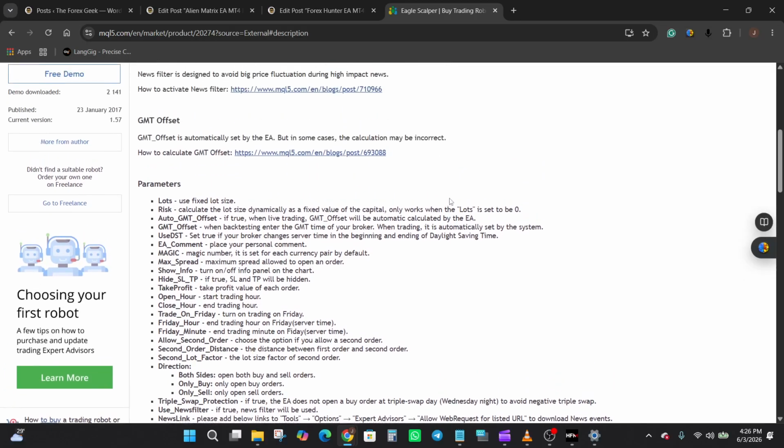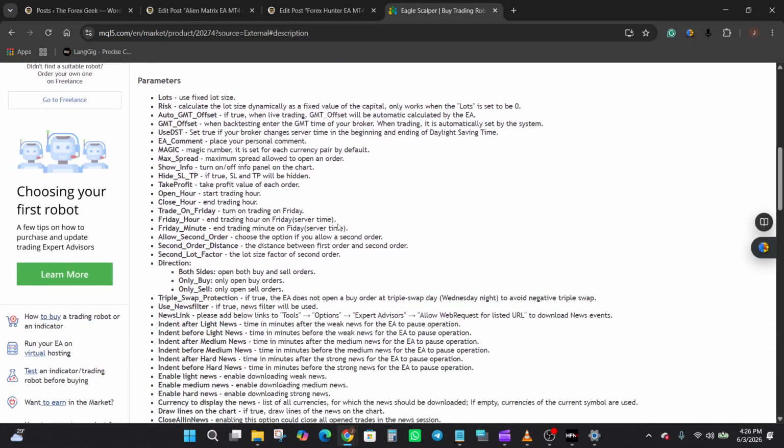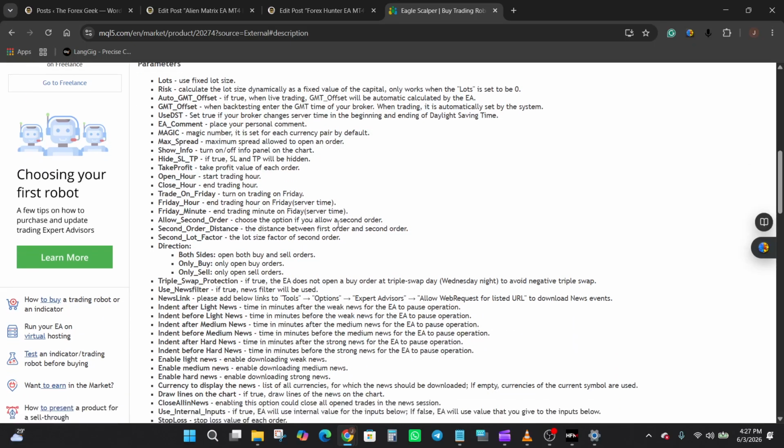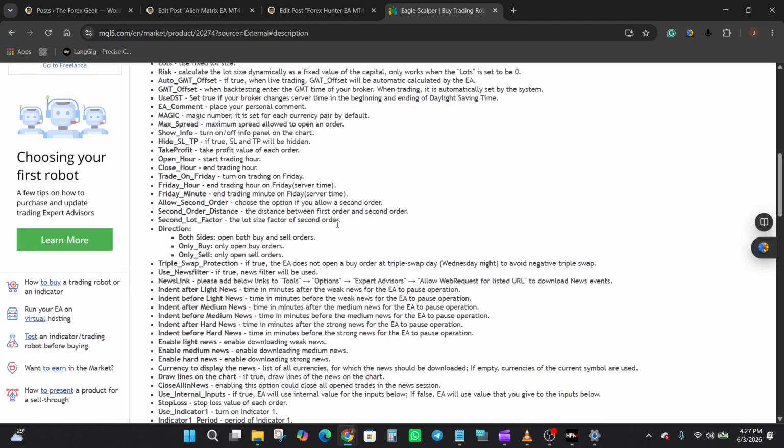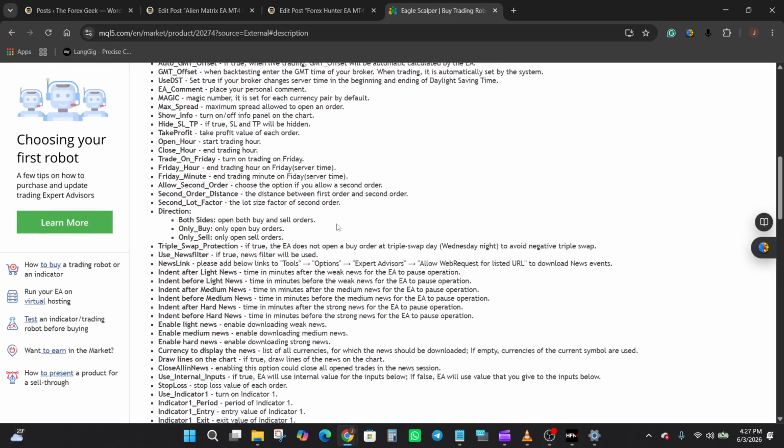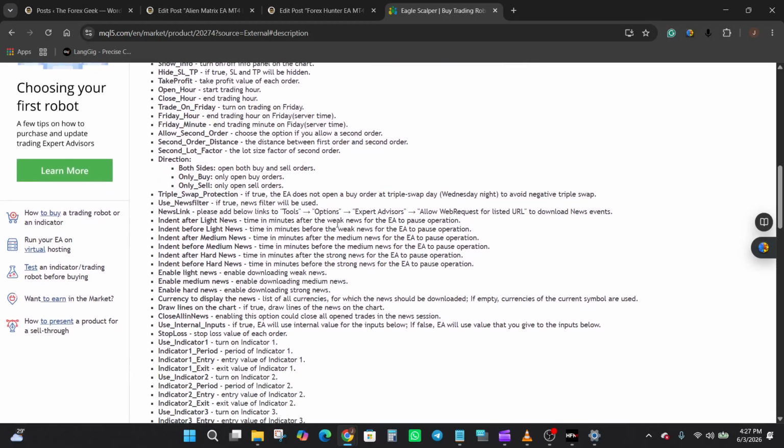There is also a direction setting that allows the EA to trade both buy and sell, or restrict it to one direction only. On top of that, I can see options for additional orders, distance between orders, lot multipliers, and all of that gives some flexibility in how trade progression is managed.